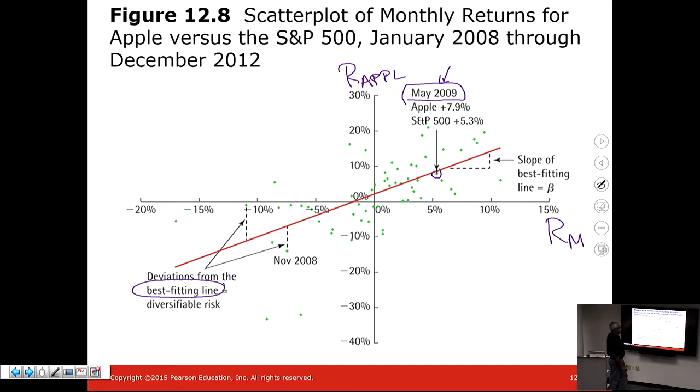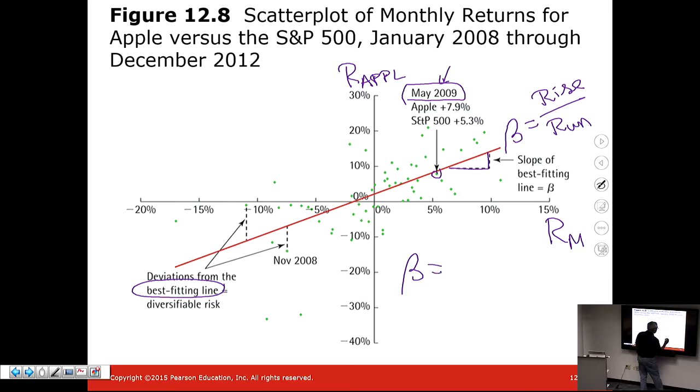That red line is called the regression line, and each regression line has two characteristics. The important characteristic for us over here is this slope, which we call beta. And beta is simply defined as rise over run.